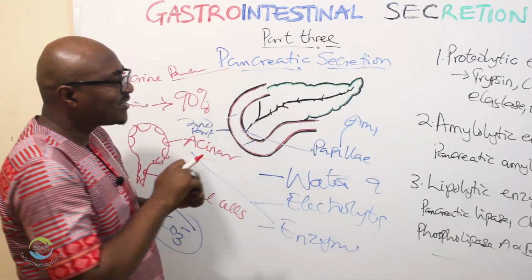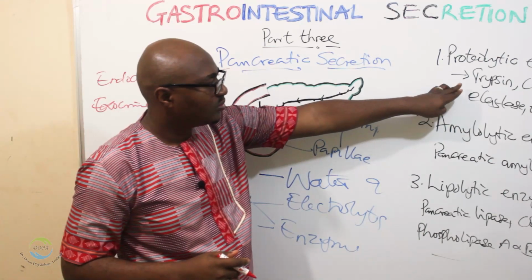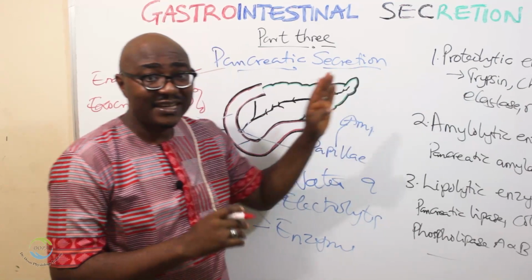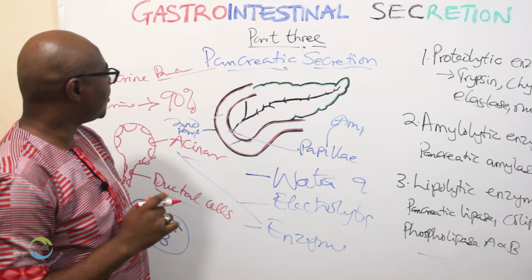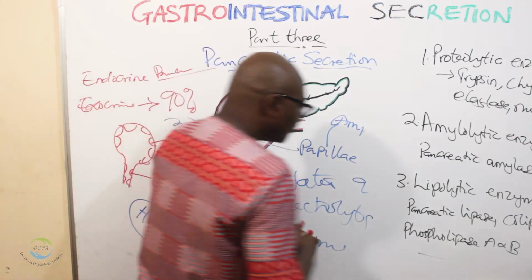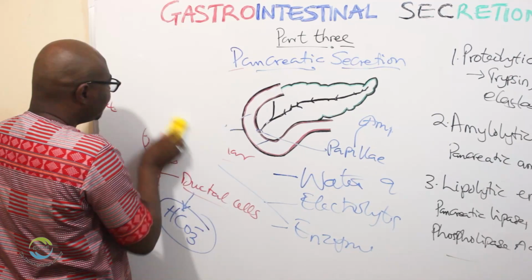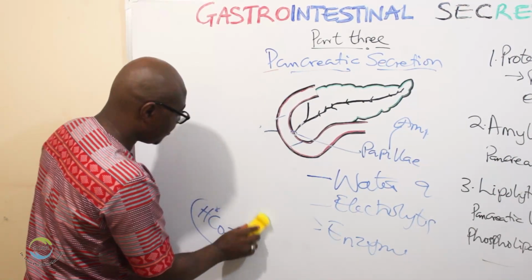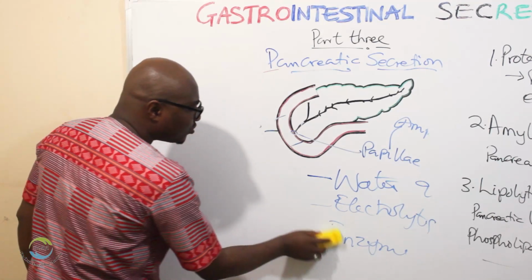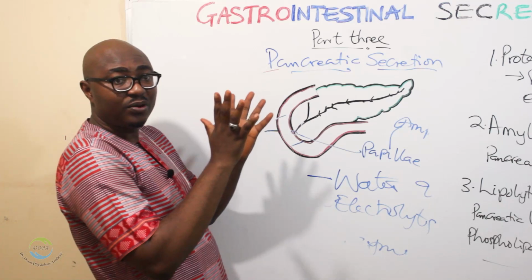The next thing I want to talk about, very important for you to know, is how trypsin is activated. It has a special way it is activated. Because proteolytic enzymes can be very dangerous, there's a protective mechanism that the body employs.